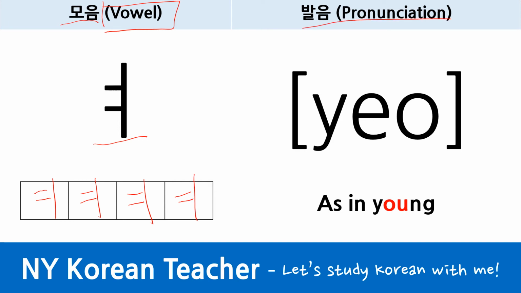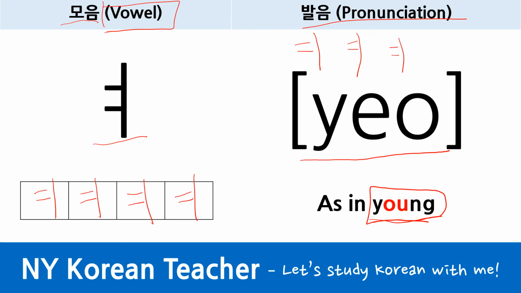The pronunciation of this letter is 여, as in young, as in young. Okay. 따라 하세요. 여, 여, 여, 여.